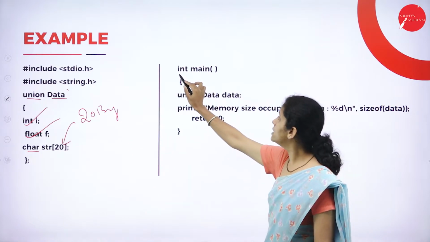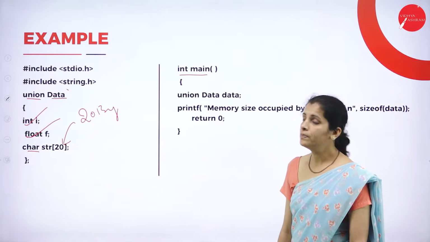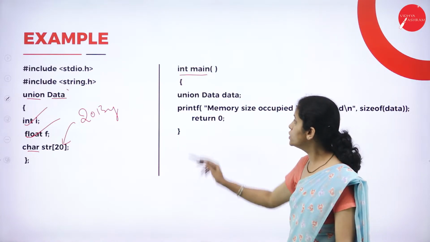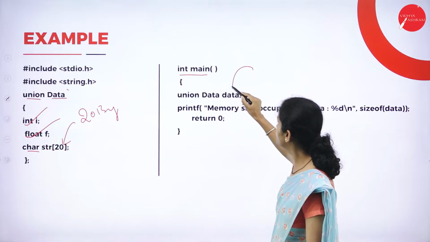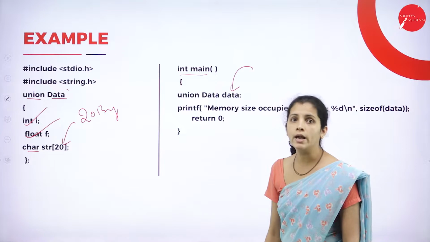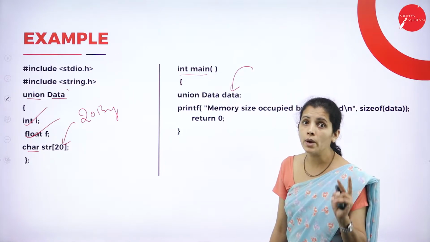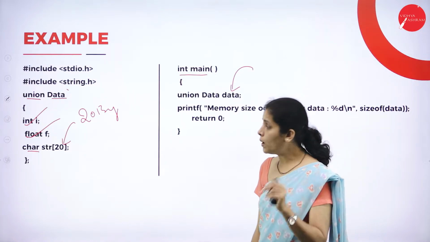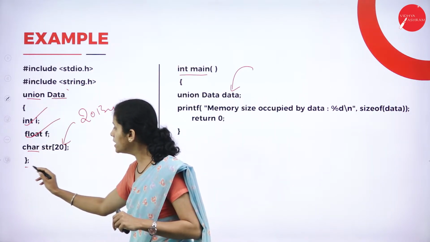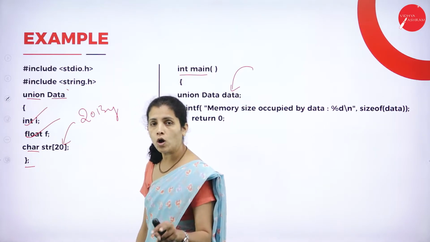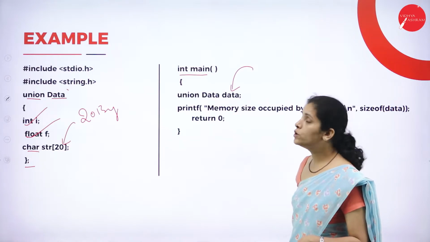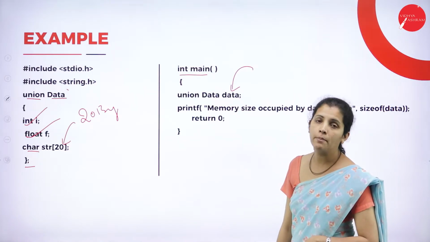Now I'm going to write the main program and create the union variable. What's the union variable name? That is data. So dear student, here also I can create union variables in two ways. One is with my union definition itself, or within my main program, I can create the union variable.